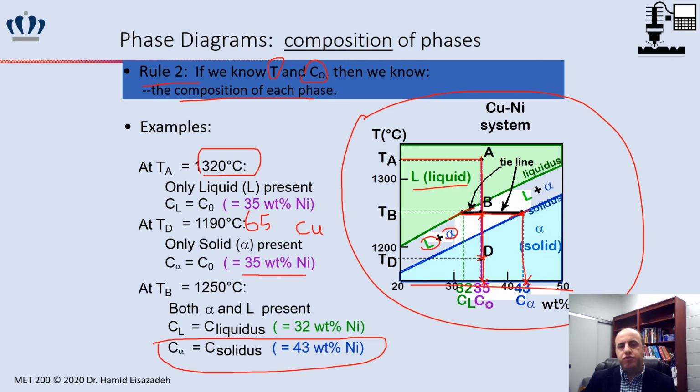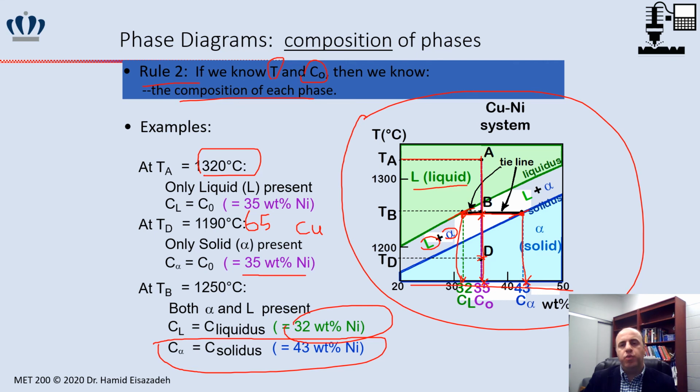And then we have to repeat it for the liquid material. We come here, we draw a vertical line, then we cross this horizontal axis. The horizontal axis gives us 32 weight% nickel, or 68% copper.